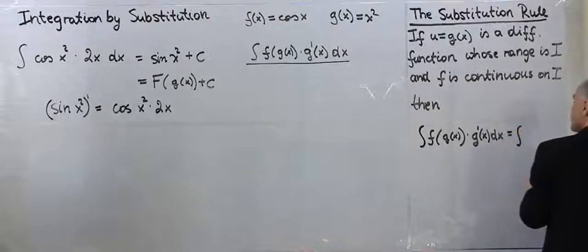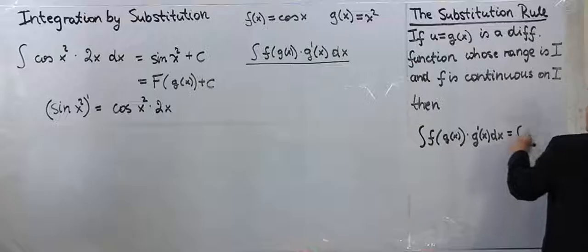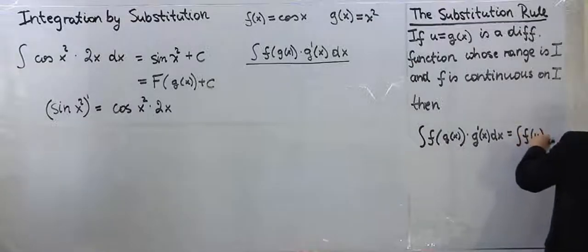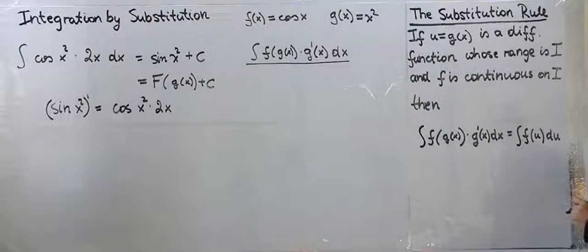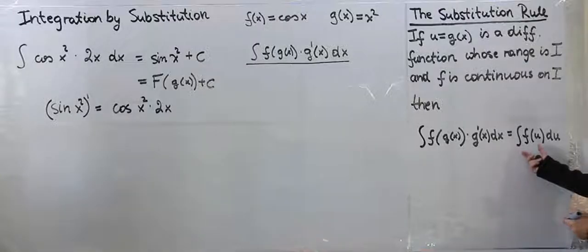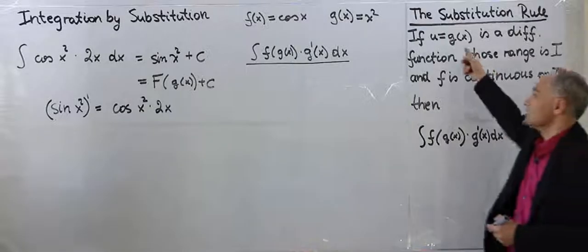So this would be equal to the integral of f of u du. So the right-hand side is an antiderivative of lowercase f evaluated at g of x.